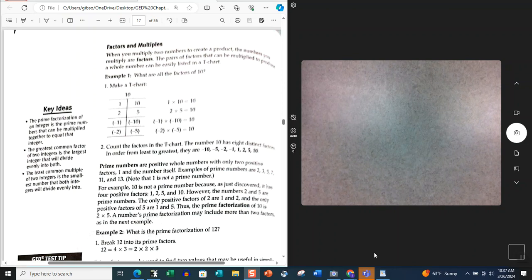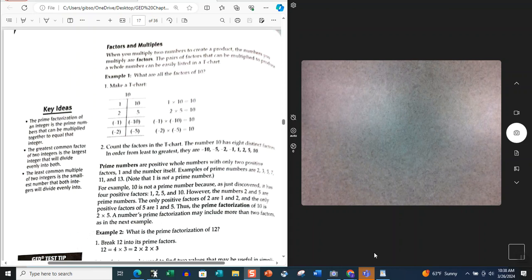Okay, now, before we go on to the next example, I want to tell you one other thing about prime numbers. The number 2 is the lowest prime number and is also the only even prime number.